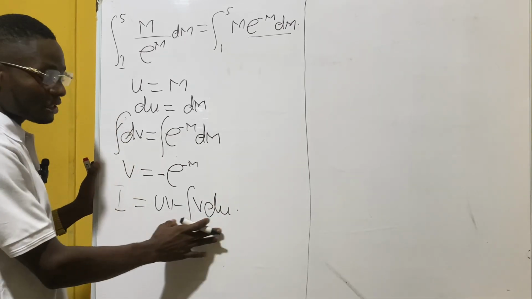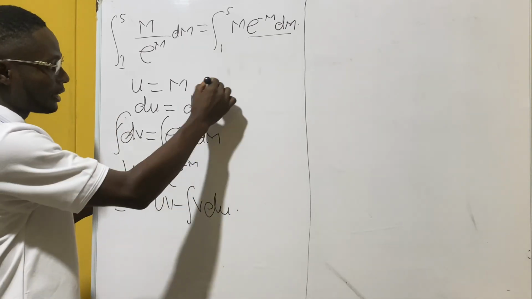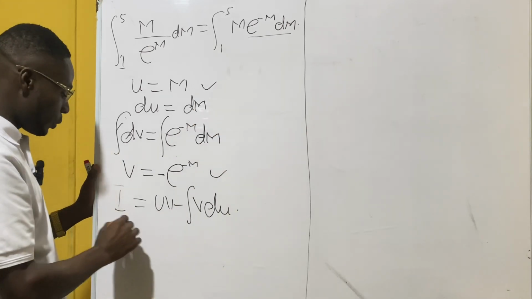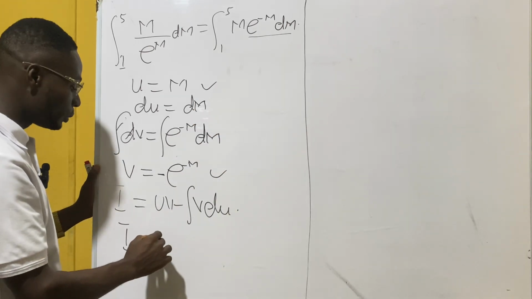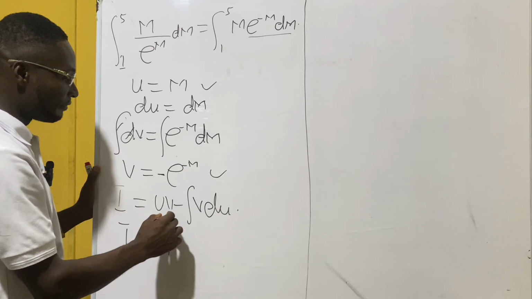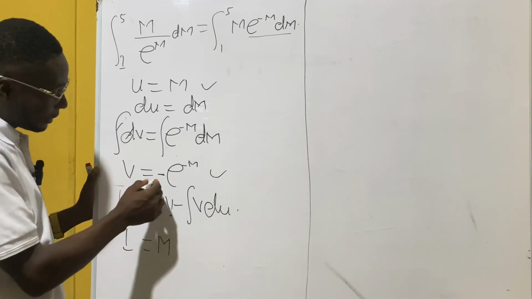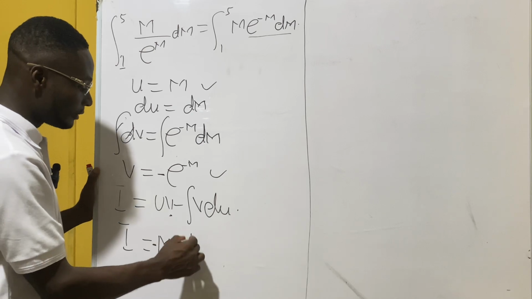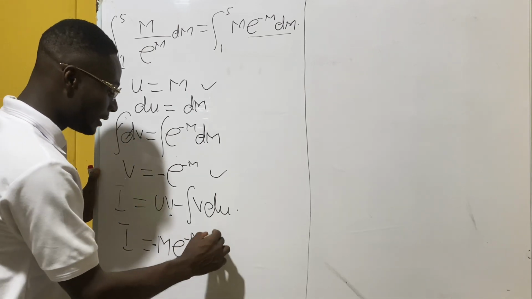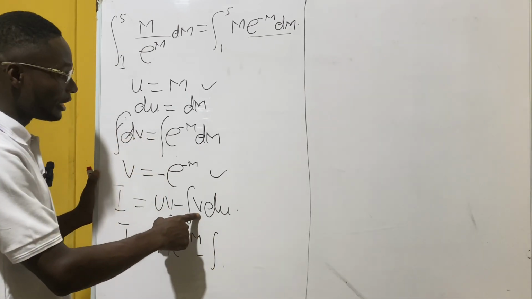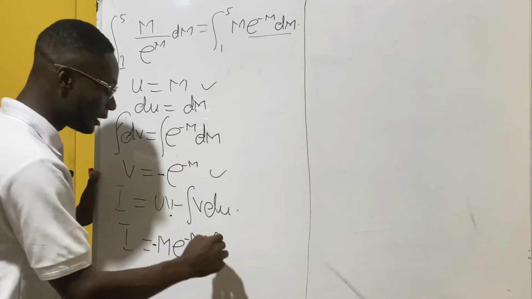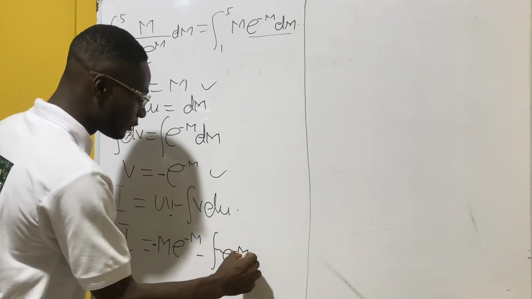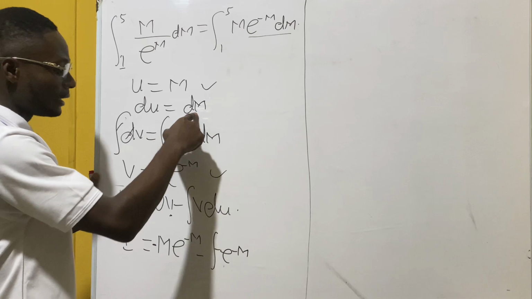We substitute: our u is m, and our v is negative e power negative m. So it's going to be negative m e power negative m minus integral v, where v here is negative e power negative m, and the du is dm.